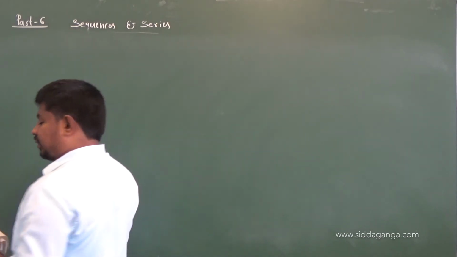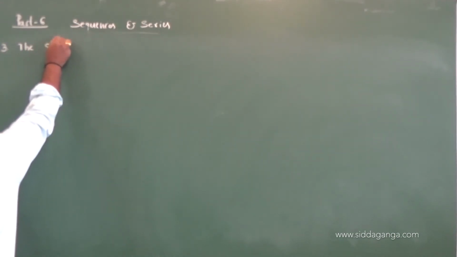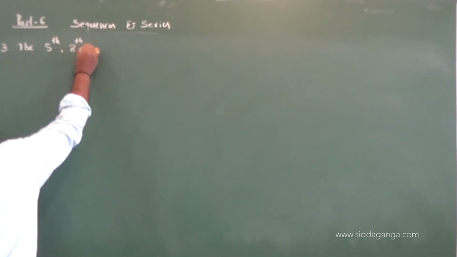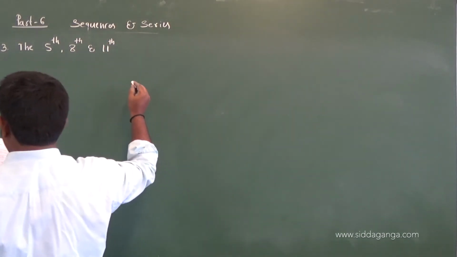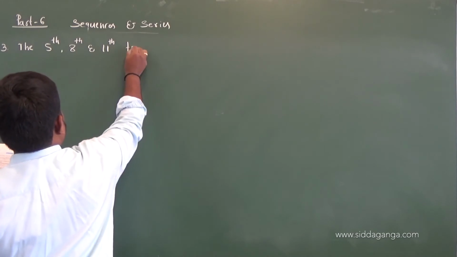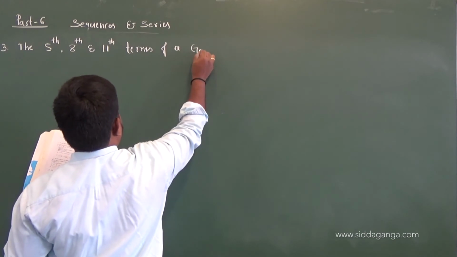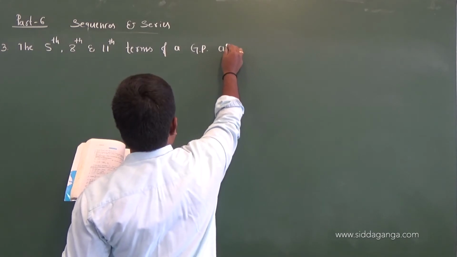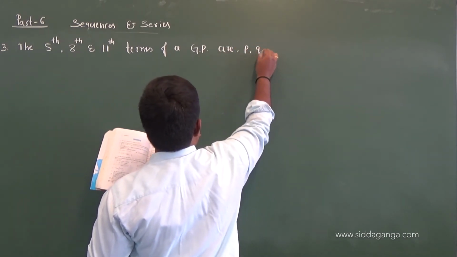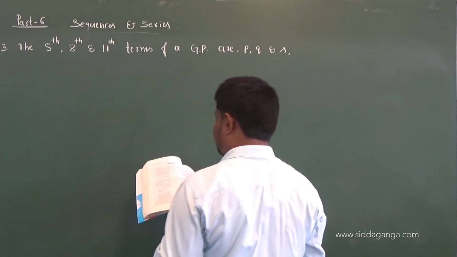The 5th, 8th and 11th terms of a GP are P, Q and S respectively.